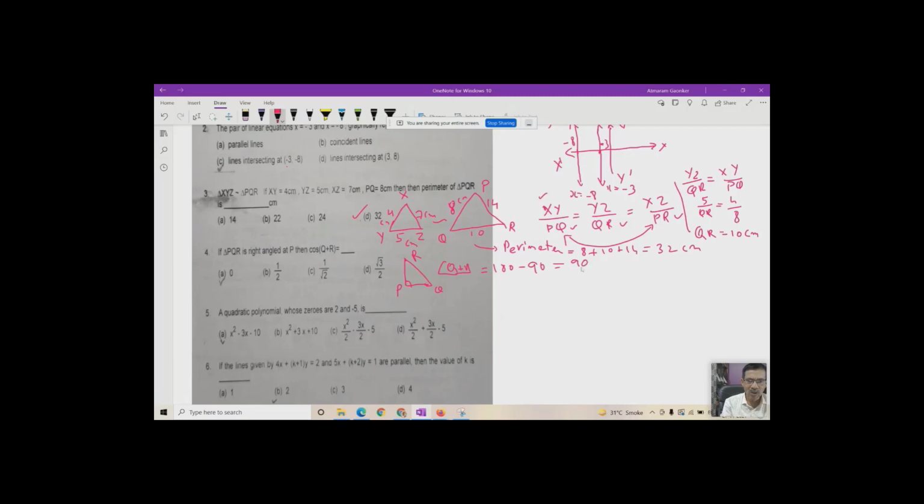So this works out to be 90 degrees, and cos of Q plus R is equal to cos of 90 degrees. And how much is cos of 90 degrees? Cos of 90 degrees is 0. Therefore, answer is A.